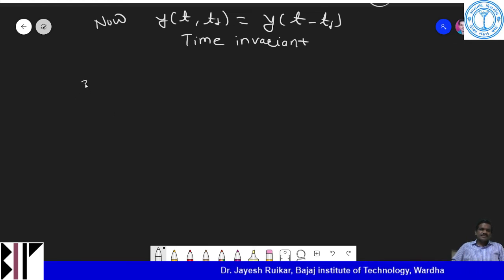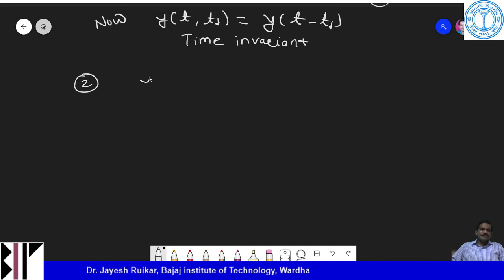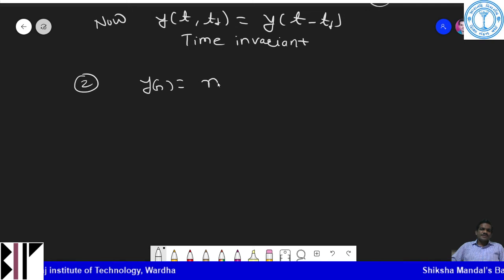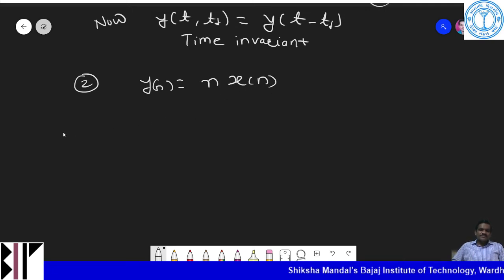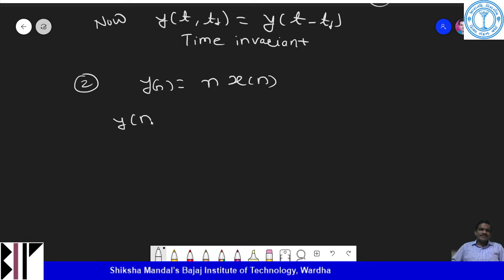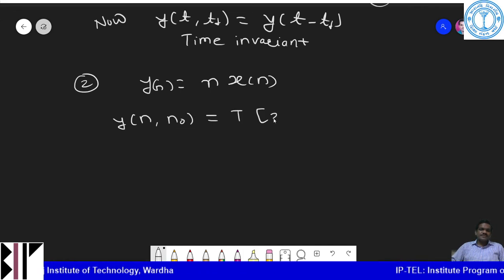Next, let us take another example, in terms of discrete time. Y of n is equal to n times x of n. The first step is to delay the input. So the input is delayed, and we can represent it as y of n comma n0, which is nothing but the transformation of x of n minus n0.